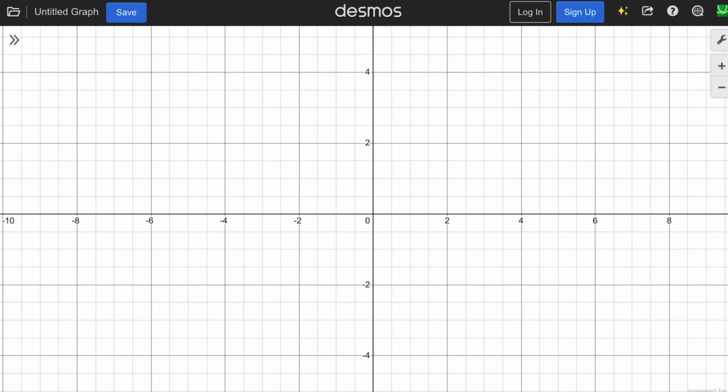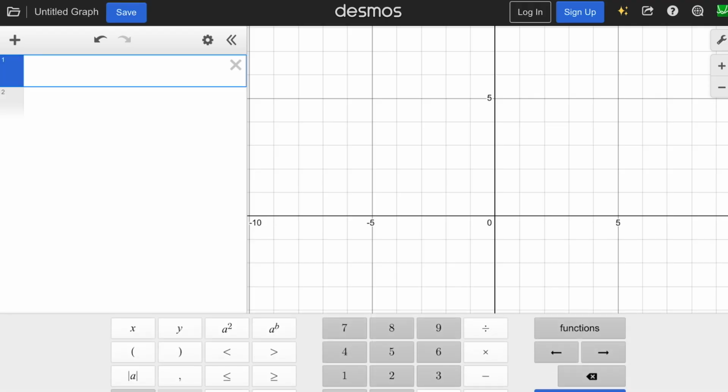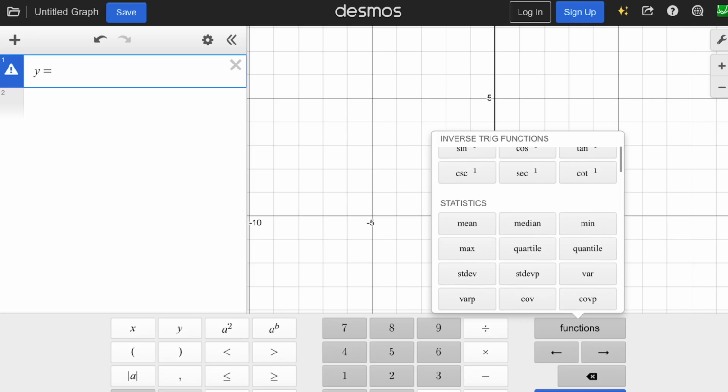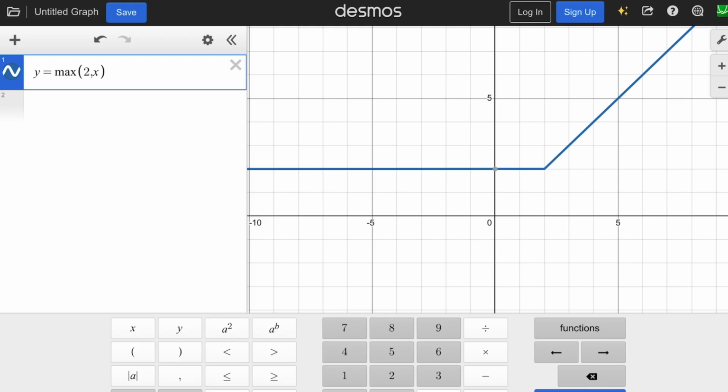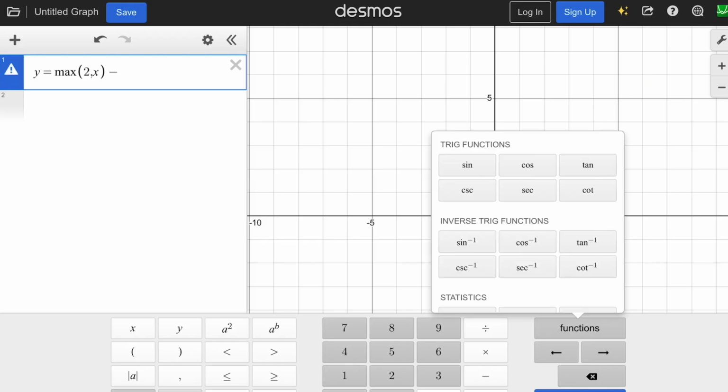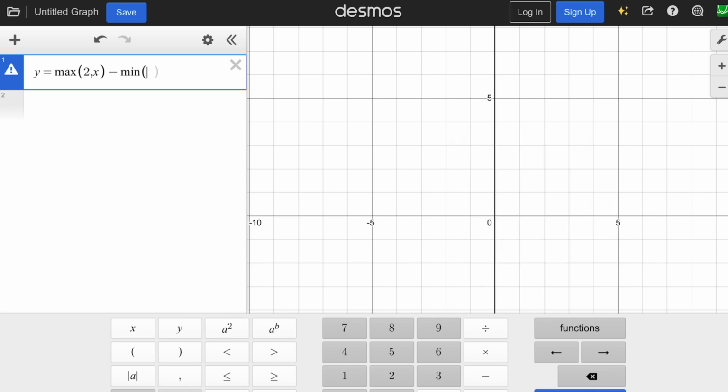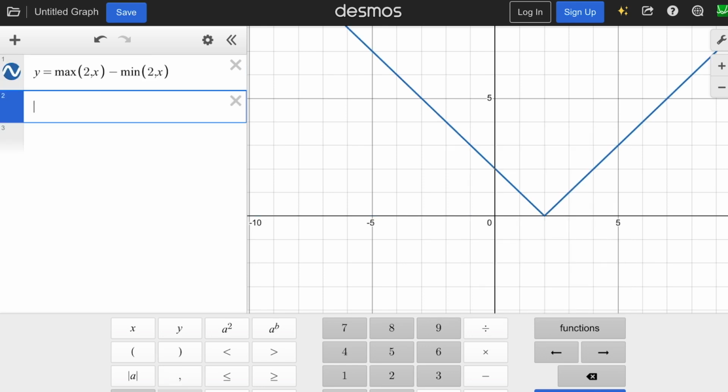Alright, now I believe this particular website should be your best friend for your CAT prep because it immensely helps you in functions and graphs. So now we'll plot the entire thing and we'll see how the graphs look as a confirmation. So the first graph is y is equal to maximum of 2 comma x minus minimum of 2 comma x. And this is exactly what we drew, right?